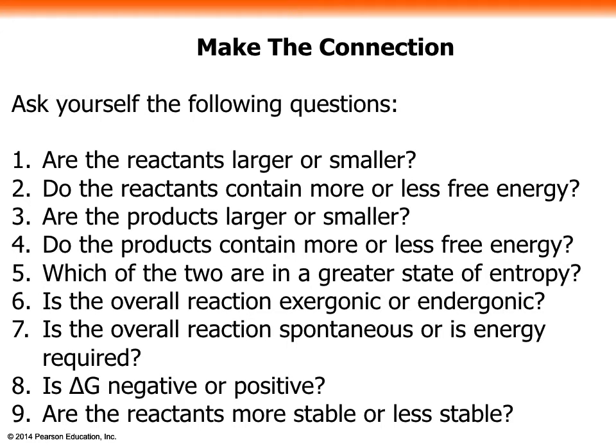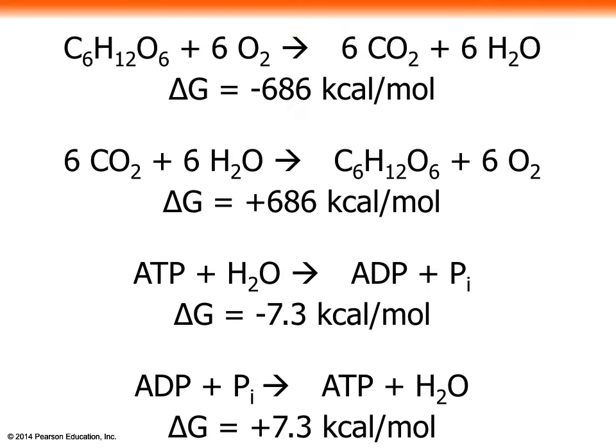So, I hope that you are able to take any of these reactions. Here are 4 reactions, and ask yourself the same questions, putting all this stuff together. All we talked about was the very top one, which is cellular respiration. The next one down is photosynthesis. What do you need?